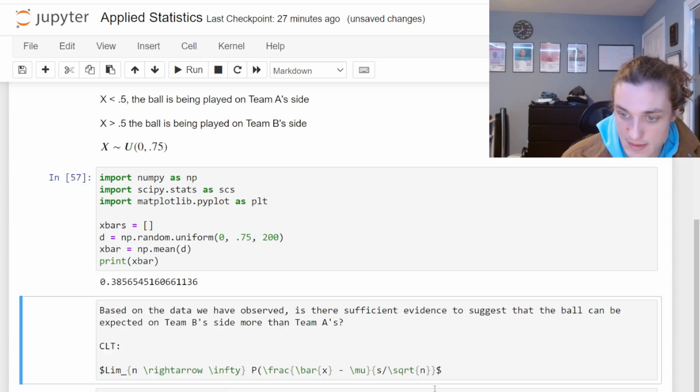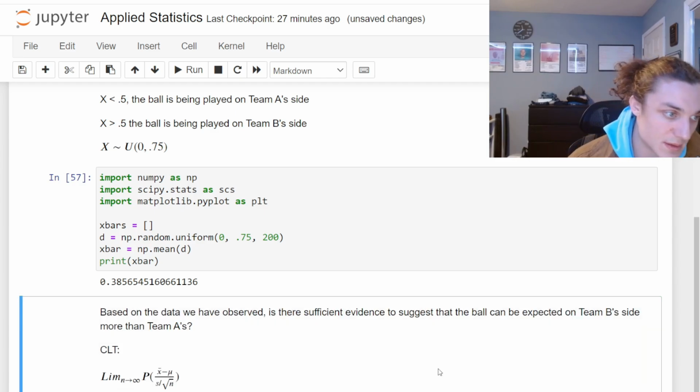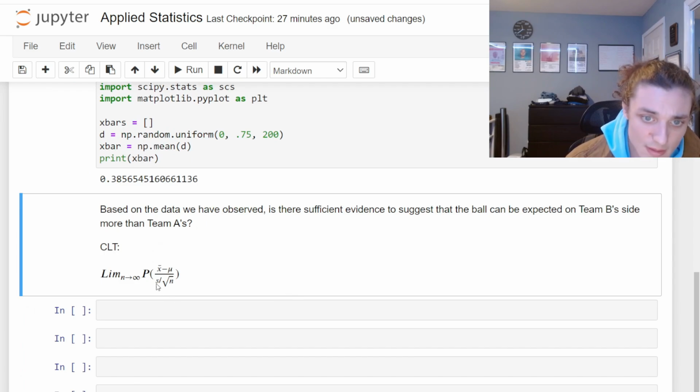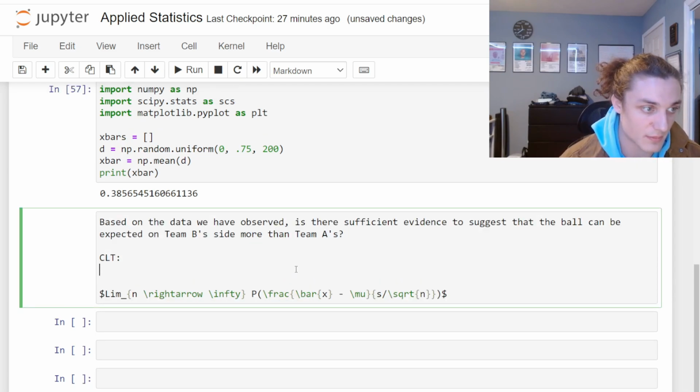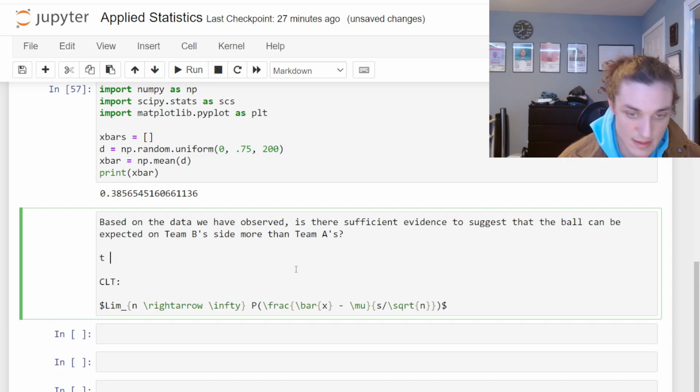So if this is the case, where we have the sample standard deviation here, then we know this is going to follow a t-distribution. In other words, if I assign this variable, let's say t is equal to, I'm going to wrap this in LaTeX again, I'm going to take this guy right here, paste it right here.